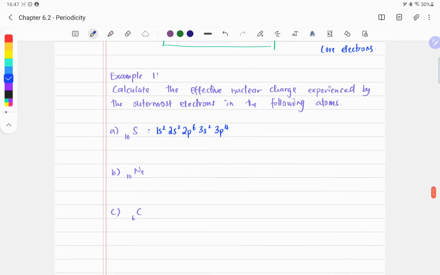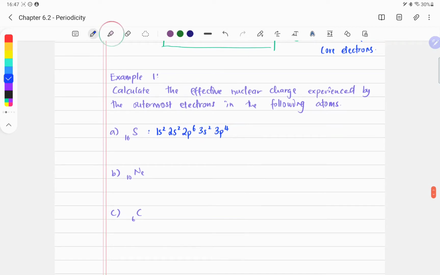So dia adalah elektron yang bukan dekat dalam outermost shell. Jadi kalau kita tengok dekat sini, outermost shell dia adalah 3s2, 3p4. Ini adalah shell yang paling luar. Jadi S dia adalah electrons dekat dalam ini. So this would be the core electrons.